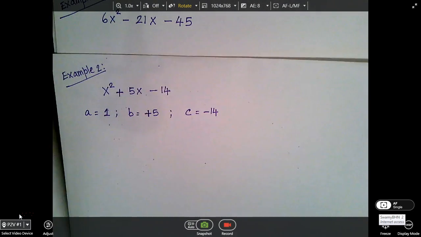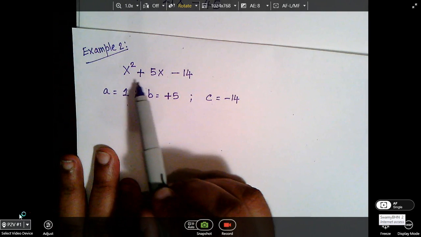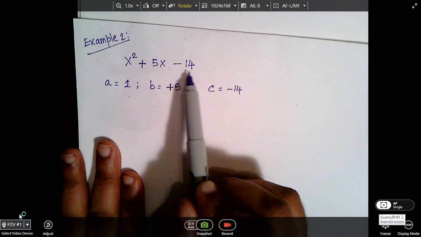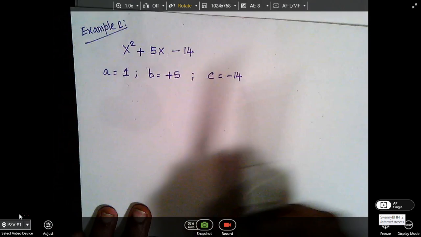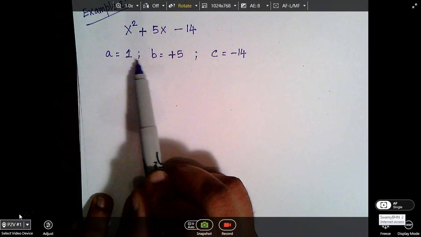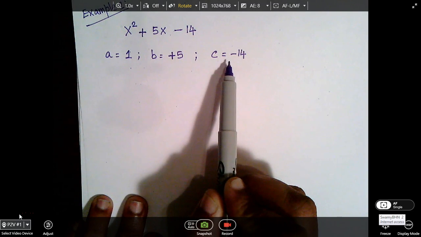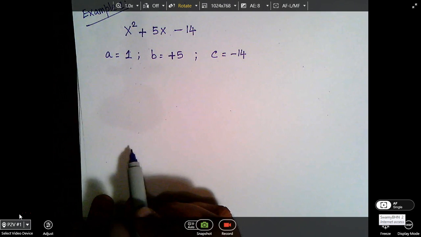So I have another example. X squared plus 5x minus 14. Alright. My a is 1, b is 5, c is negative 14. Alright.